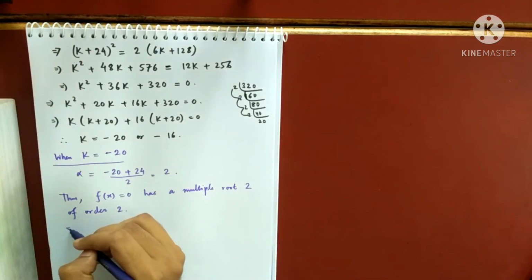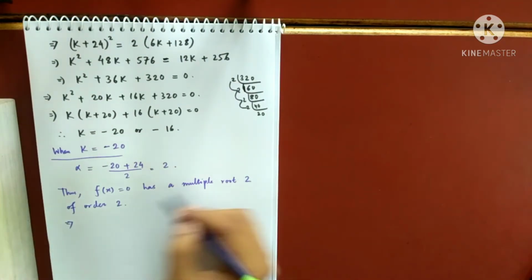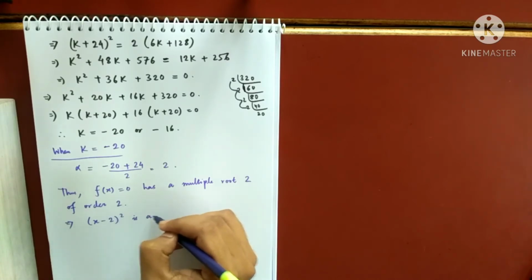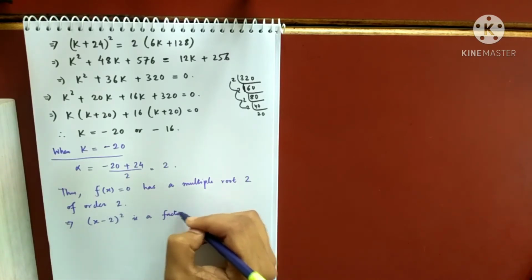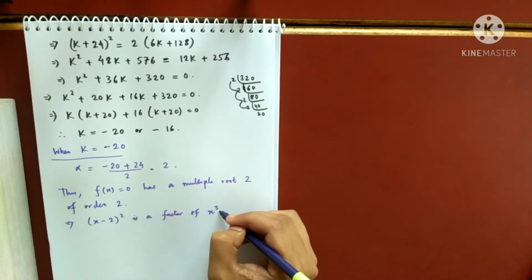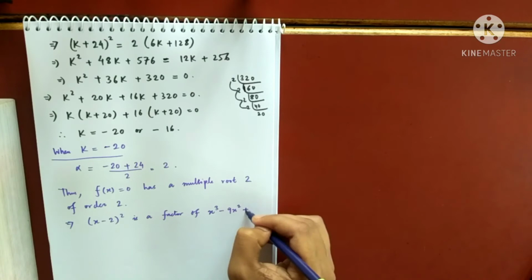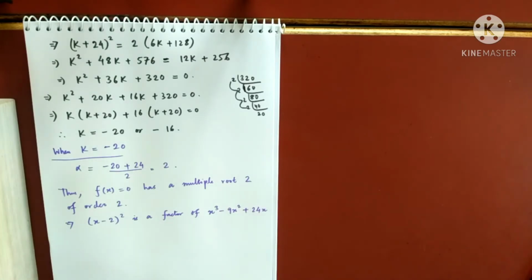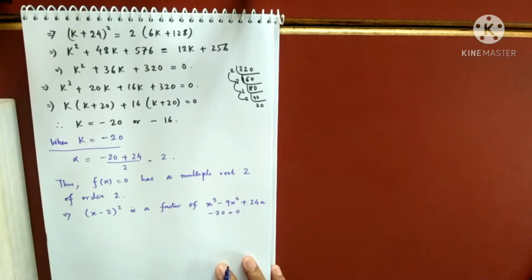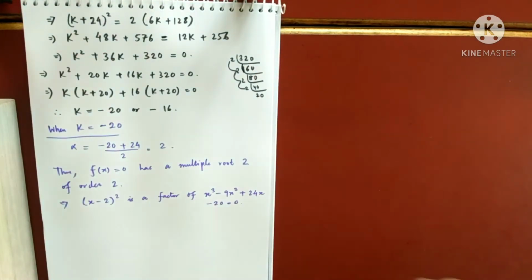So this implies (x - 2)² is a factor of x³ - 9x² + 24x + k. But what is k? Minus 20. So minus 20 equals 0. To find the other root, I will divide.